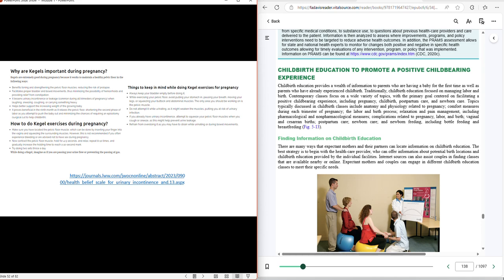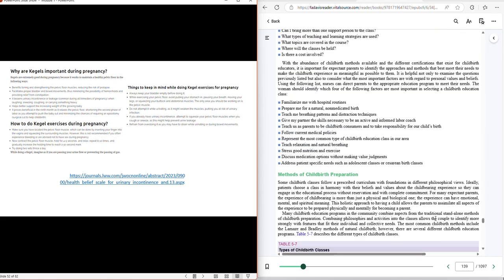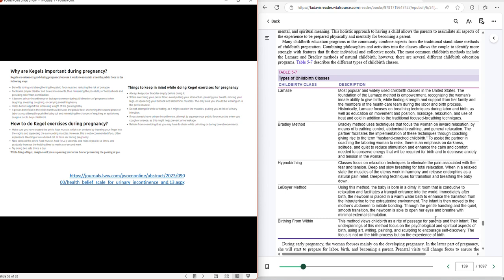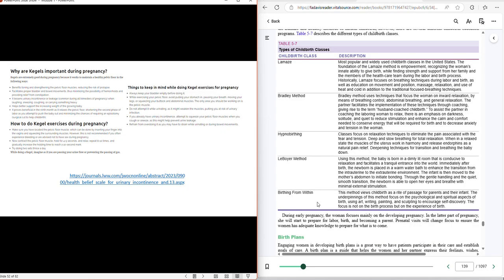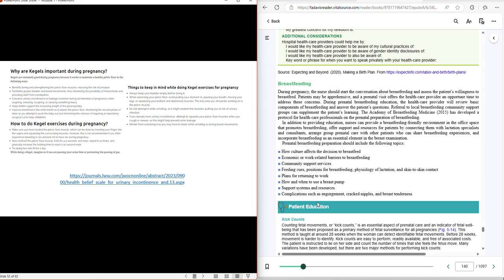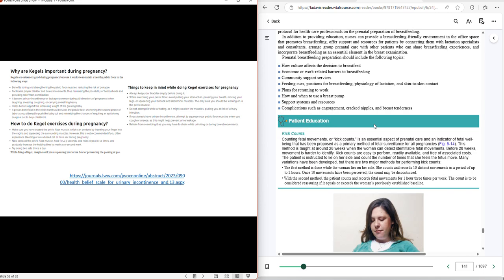Birth plans, childbirth education, birth plans, talks about on page 140. Lamaze classes, Bradley, hypnotherapy for birthing, and then it's talking about breastfeeding. Okay, so make sure you read through that. Know what a fetal kick count is.